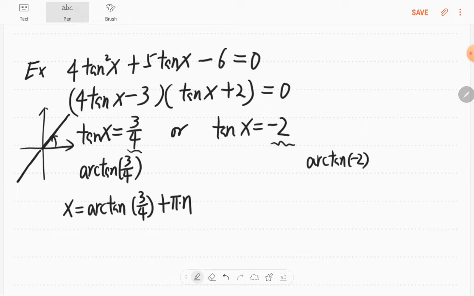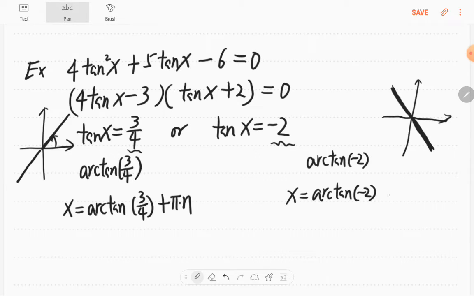This is the angle. Arctangent is an angle, right? Which is in the fourth quadrant. Okay. So this angle has the terminal side, which is here. So if you need to include all the points on the same line, including this part and this part, actually x is equal to arctangent of -2 plus pi times n.